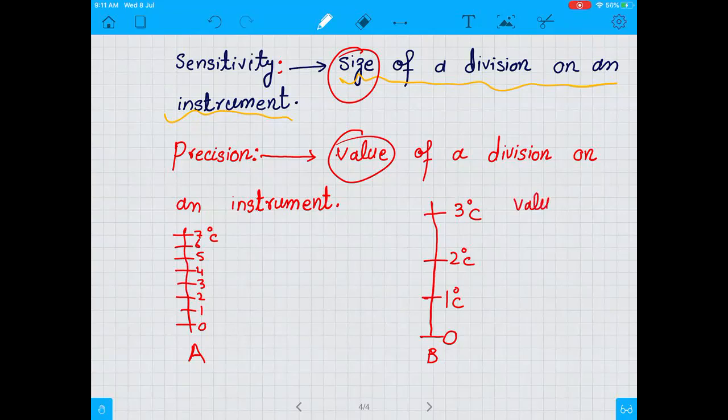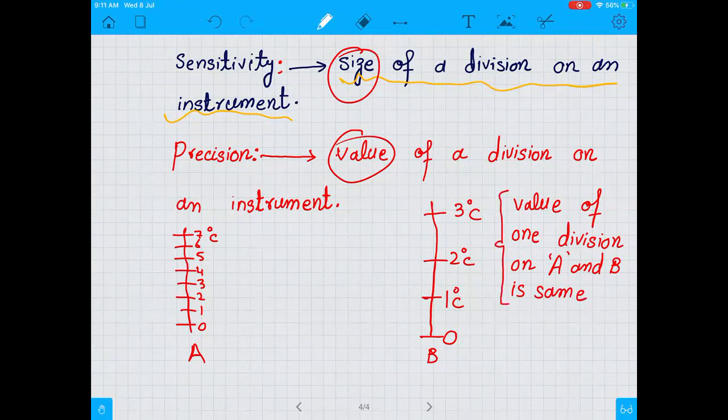The value of one division on A and B is the same, which means that A and B are equally precise.